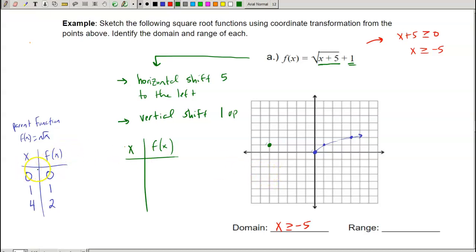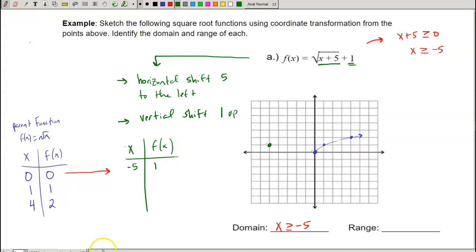So if you look at the algebra, or just the numerical change here, I went from 0, 0, and basically I subtracted 5 from the x. So this became -5. I moved the x value to the left 5. And now I'm going to take the y value, which is also 0, and I add 1 to it.